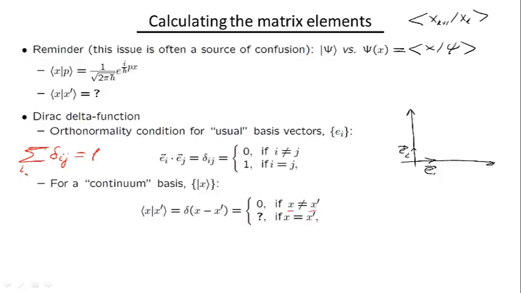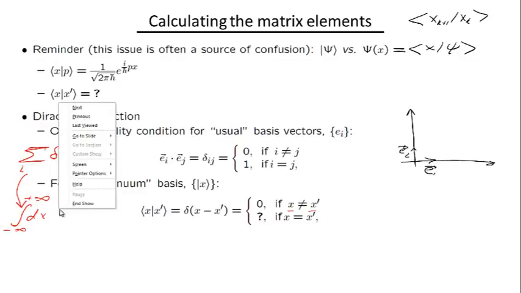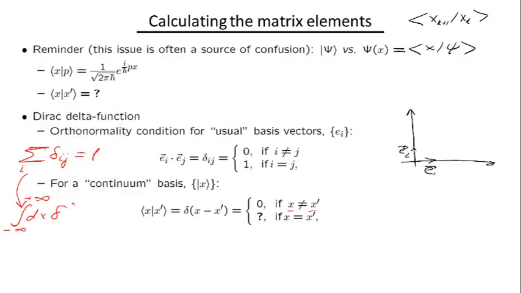This something else is determined by a condition very similar to the previous one, but now instead of summing over a discrete set of vectors labeled by i, we have to integrate over a continuum set of vectors labeled by x. These are all possible coordinates in one-dimensional space going from minus infinity to plus infinity, and the integral of the corresponding delta function is equal to 1.